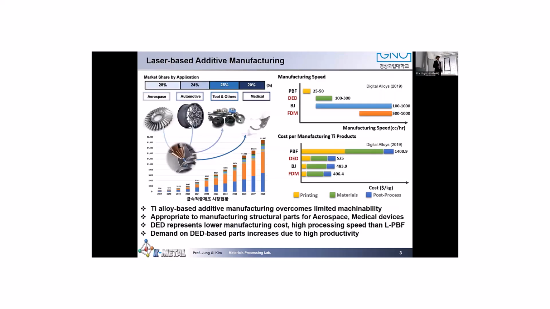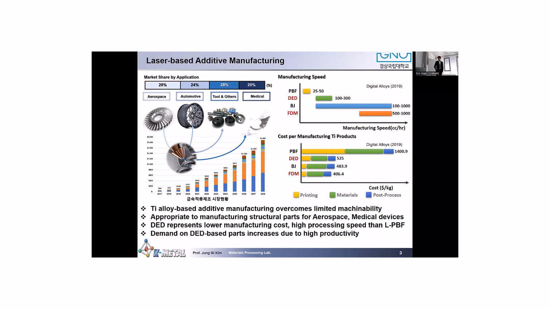I'll just give a short introduction about laser-based additive manufacturing because many people already know about it. So I just focus on why we use titanium and DED for this study. Titanium alloy additive manufacturing overcomes the limited machinability of titanium, especially titanium mixed with refractory alloy, which has really poor machinability. That's why many implant companies want to adopt additive manufacturing.